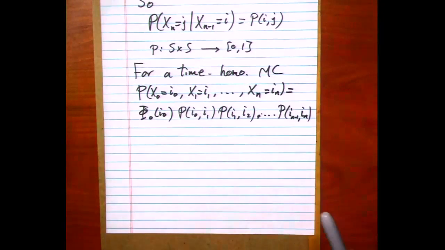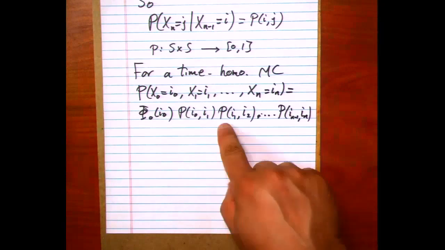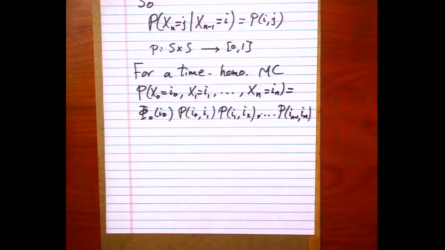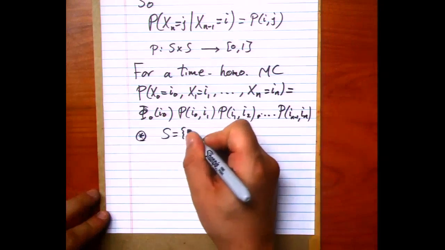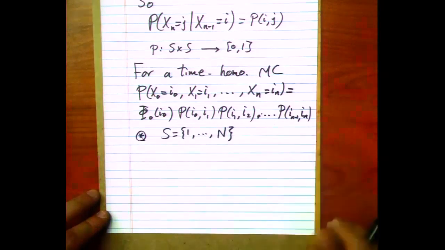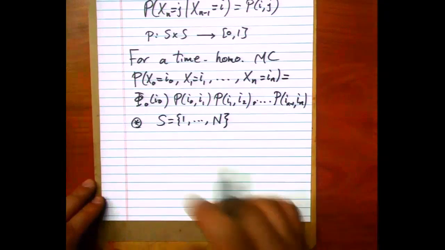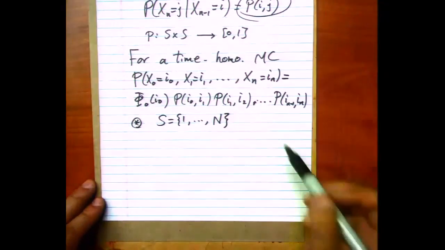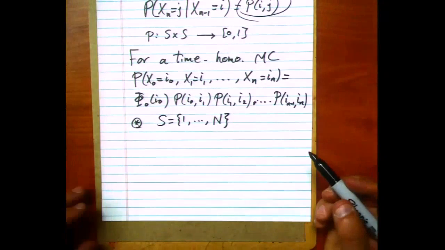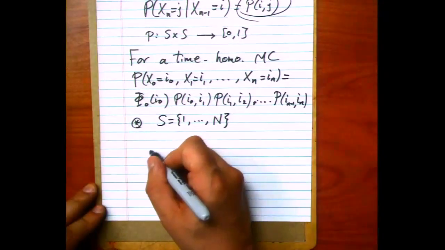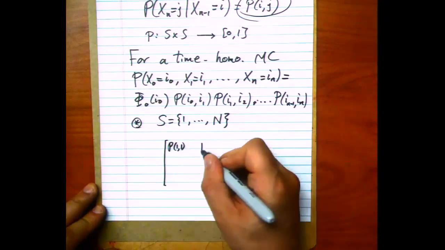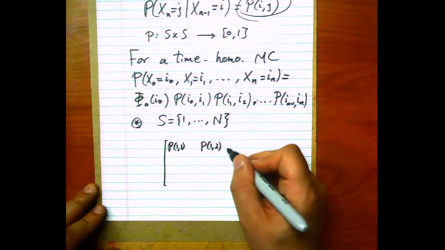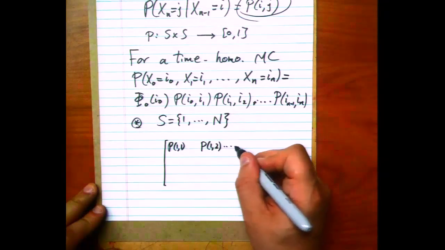But let's now study the transition probabilities more deeply, with more details. Let's again stick to S given by 1 through n, just for brevity. We can place these P_{ij} inside a matrix, right? So let's put all of them: P_{11}, P_{12}, all the way up to P_{1n}.